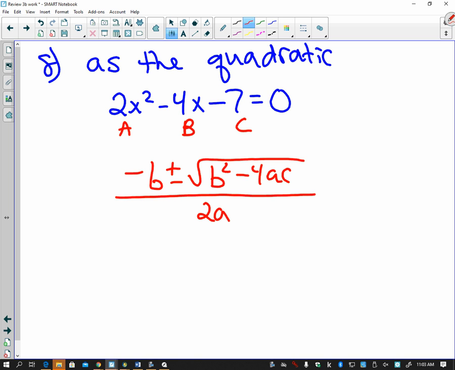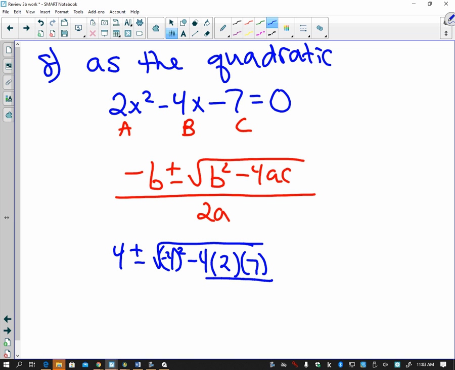You have to know what the quadratic formula is if you're going to use it. Notice that my B is already negative, so whenever I go to plug it in, it is positive. So I have 4 plus or minus the square root of negative 4 squared, minus 4 times 2 times negative 7, all over 2 times 2.